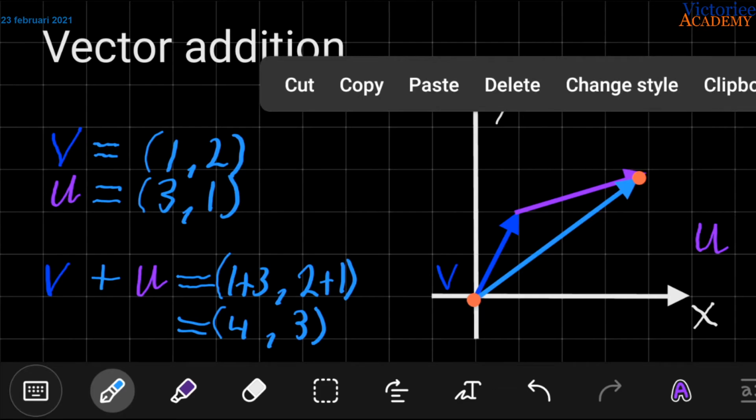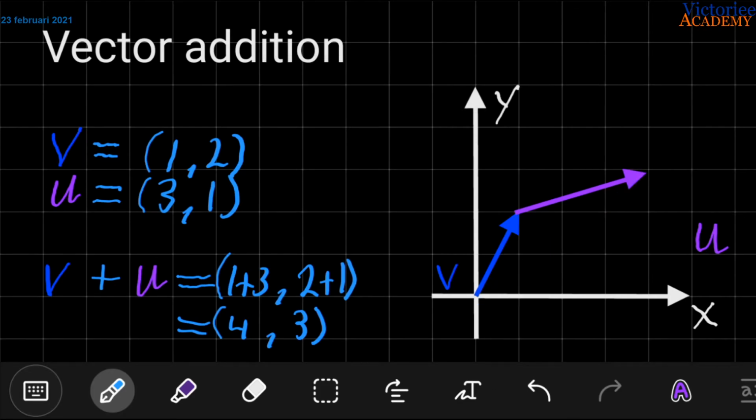So if we remove u here again, and we would say that we would add this resulting vector, let's call it C, because why not? So if we would do this addition, v plus u, I was reaching for an eraser, but I have an electric one.